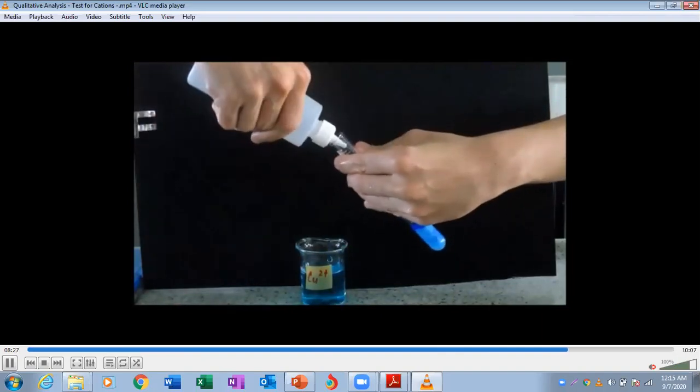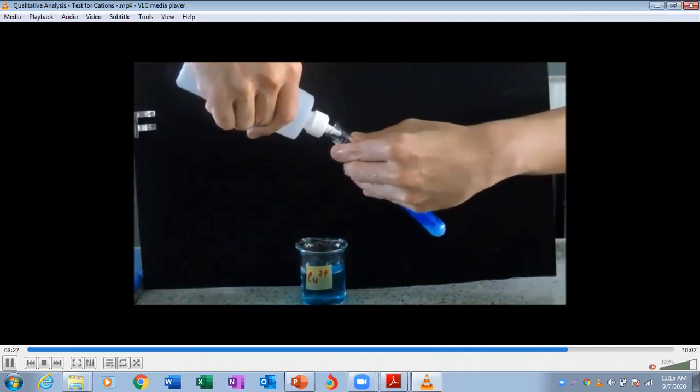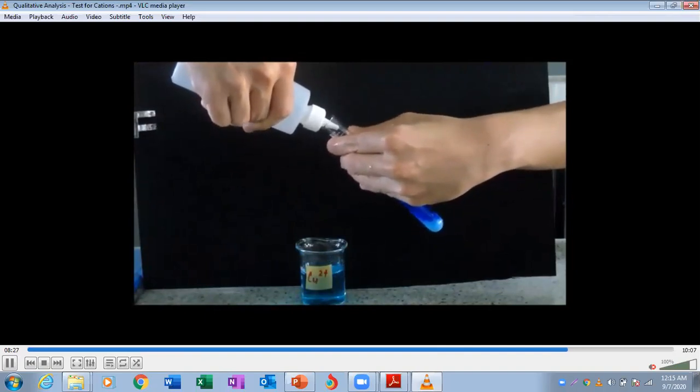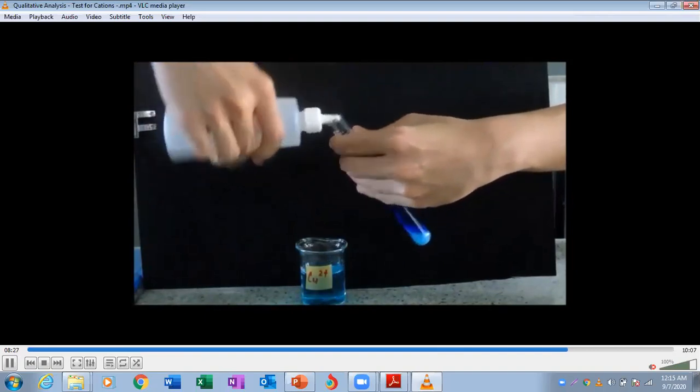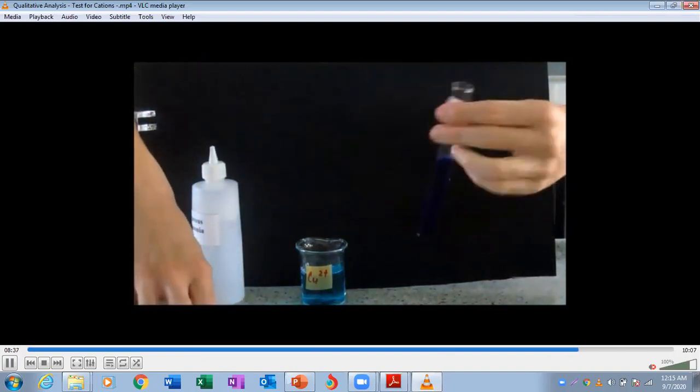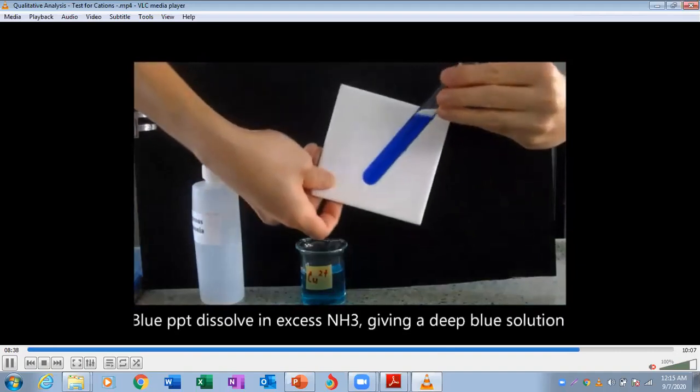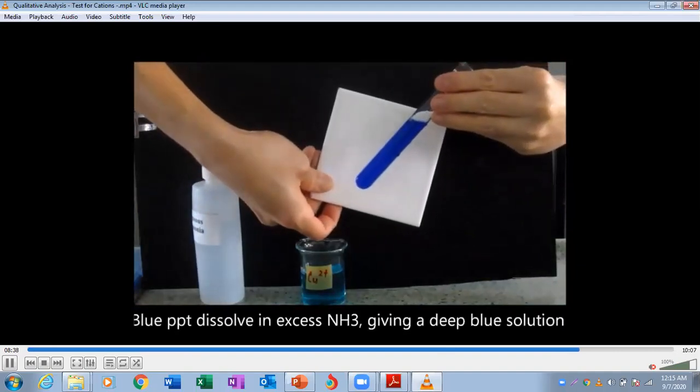Okay, blue precipitate, adding some more ammonia. The blue precipitate has been dissolved.